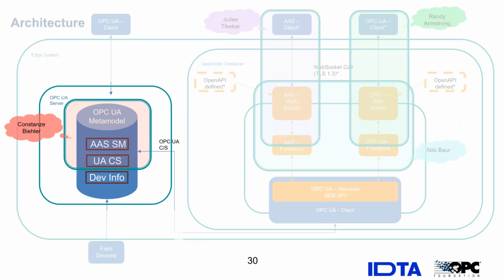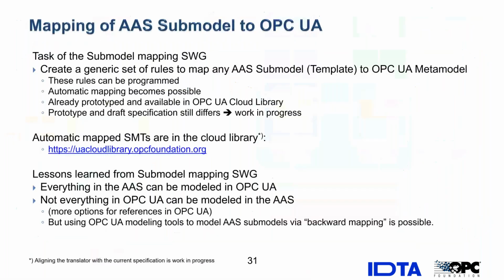So, like already mentioned, Constanze's main topic was the mapping of the AAS submodel templates to our common meta information model. For this, she is part of the sub-working group of the generic submodel mapping, whose task is to create a rule set to map any AAS submodel template to an OPC UA meta model.